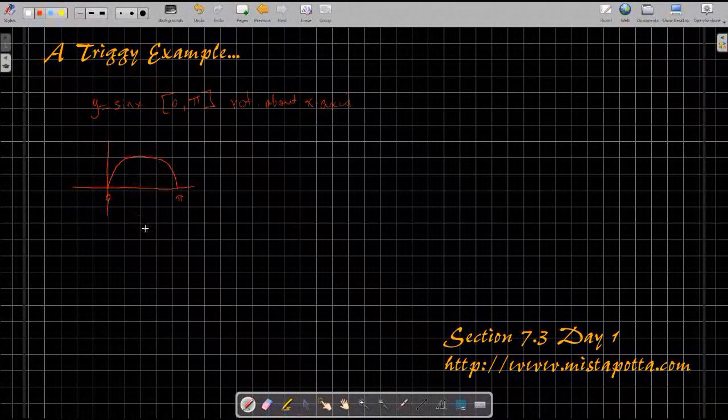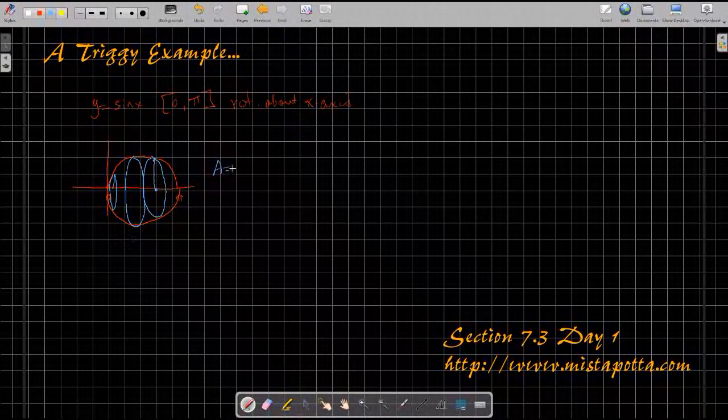But because I'm rotating about the x-axis, I'm going to have, by symmetry, another graph down here, and my cross sections will be circles. The radius of each of these circles will be determined by the distance from the axis of rotation to the point on the curve. So my radius for each of these circles is y.